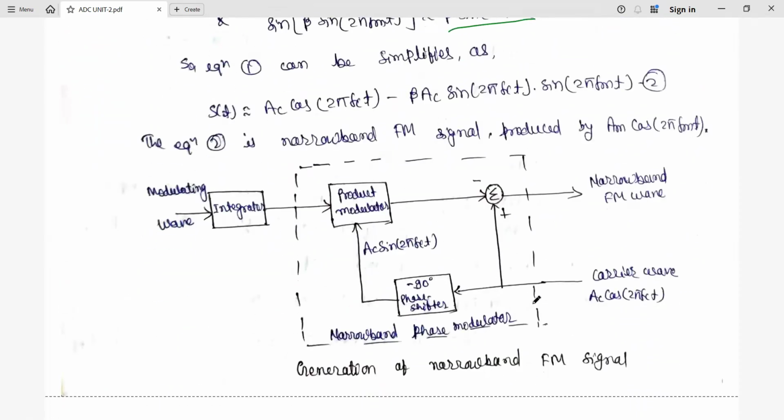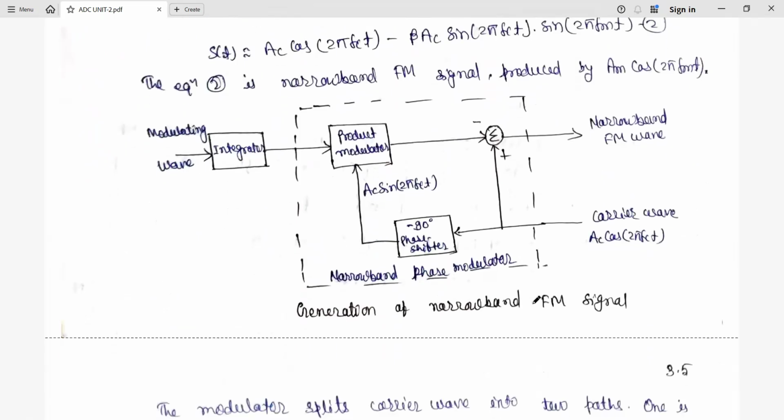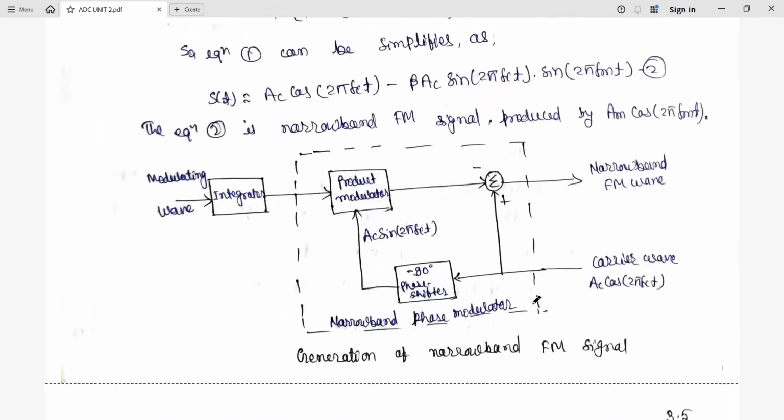Now we are seeing how we can represent equation number 2 with the help of a block diagram. Earlier we already discussed how to obtain frequency modulation from phase modulation, where we also use the integrator. What is happening here? The modulating wave, the baseband or message signal, is given as input to the integrator.